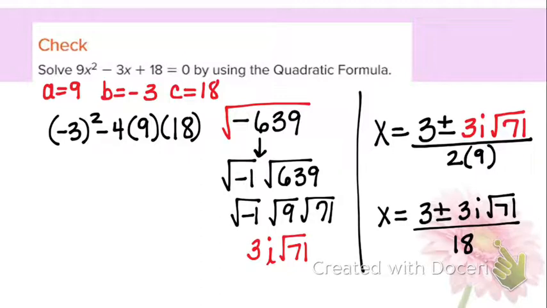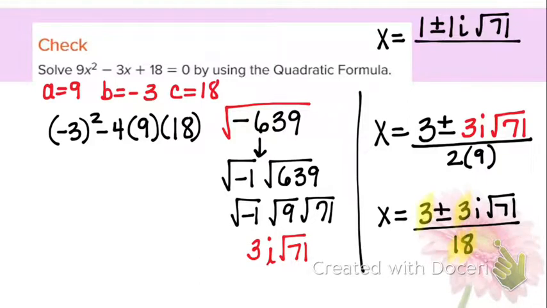Okay? So when you reduce it, you're looking at these 3 numbers that I have in yellow. Is there a number that will divide evenly into all 3 of those numbers? 3. So technically, the right answer would be to divide those 3 numbers by 3, which will give you x equals 1 plus or minus 1i root 71.